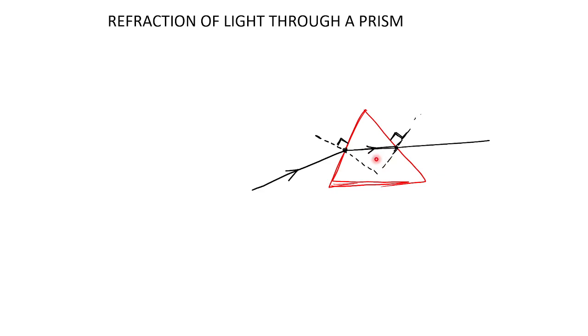Denser to rarer. Moving away from the normal in the refracting side. Instead of going straight, it will be moving away from the normal.